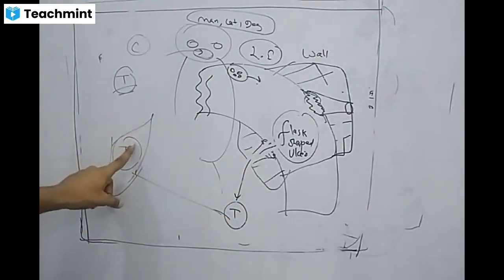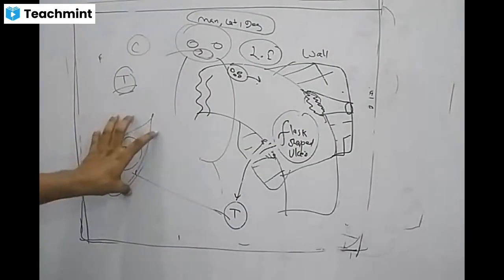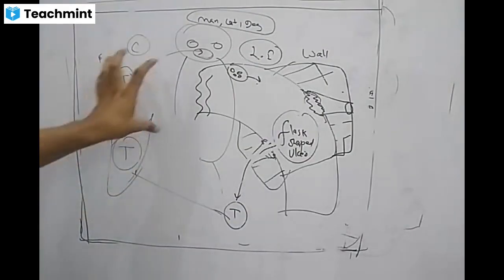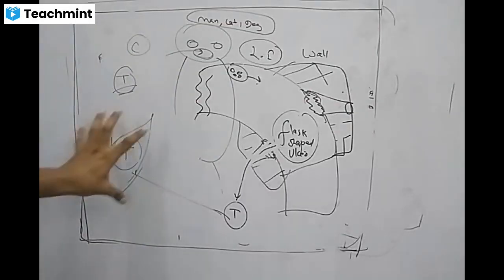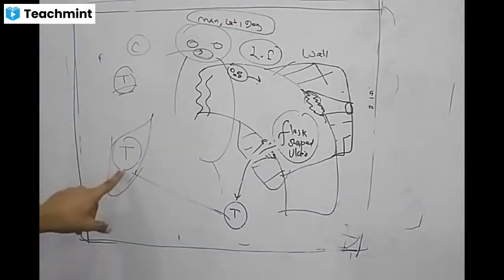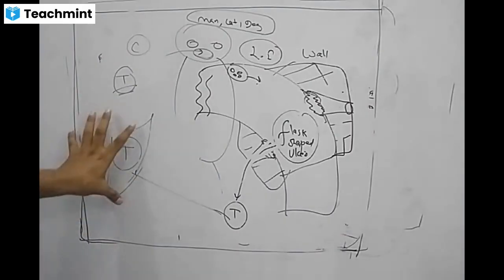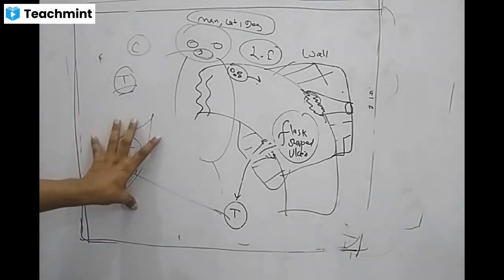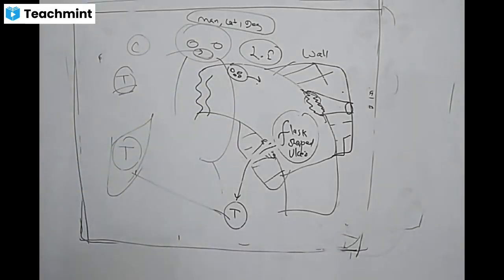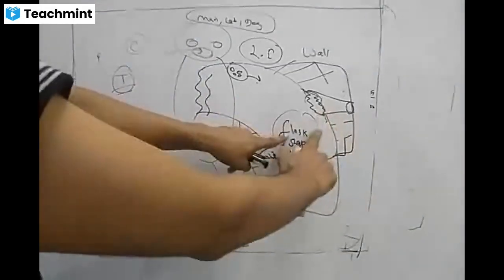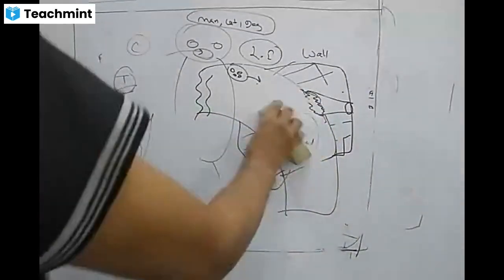It perforates the wall and enters some extraintestinal organ, which is more commonly the liver. If liver is not given, then the answer will be lungs. So it damages the liver. That may lead to jaundice, bilirubin changes, and other things related with the liver. So this is the cycle with intestine and liver.